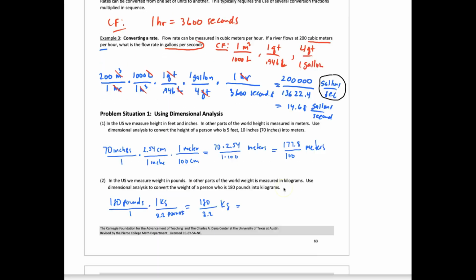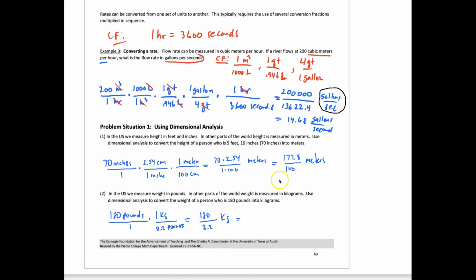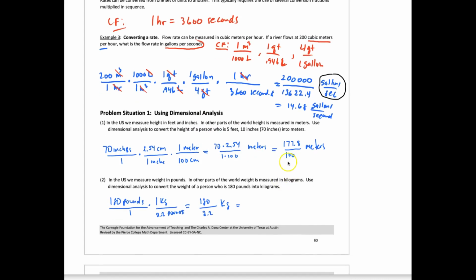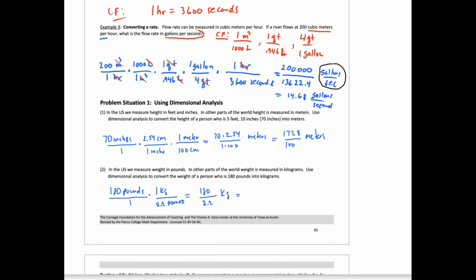Now you were able to look at that example 3. Let's finish these on the bottom here, this problem situation. I'm converting, I get to this end, 70 inches times how many centimeters per inch we have. And so again, notice what's going to cancel out here. I'll show you.